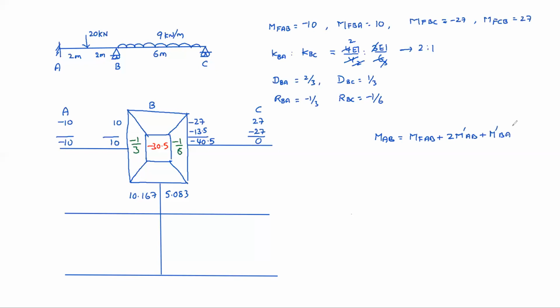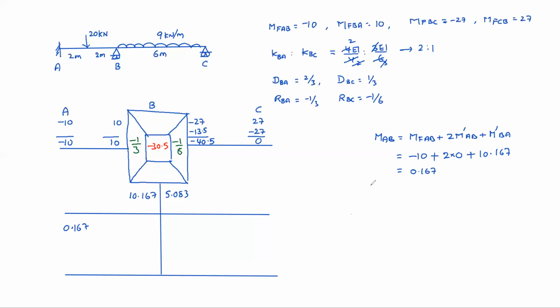That means MFAB minus 10 plus 2 times of no rotation contribution from near end plus far end 10.167. How much? 0.167.